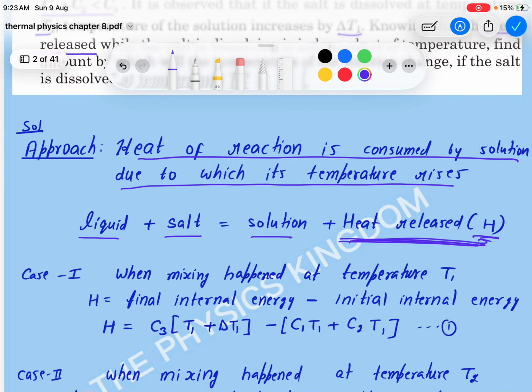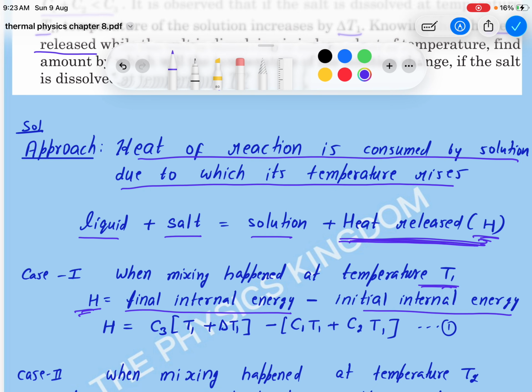Now in case 1, when you are mixing it at temperature T1, then H is equal to final internal energy minus initial internal energy, right? So just like you write the internal energy of any substance for gases, liquids, solids, similarly here also I am writing the internal energy of the solute, that is the salt, and the liquid.